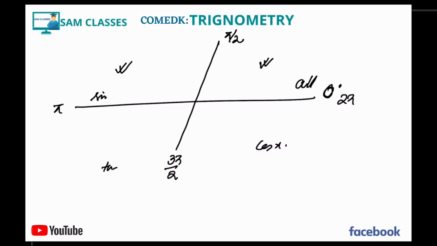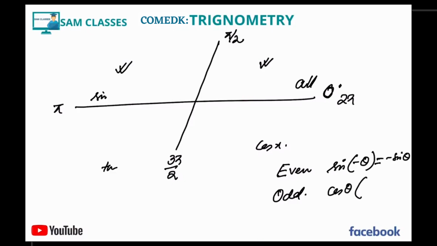Now we already told you about even and odd functions, though I didn't say the words even and odd. So let's see what an even and odd function is. It's very simple. Sine theta, we know that sine of minus theta is minus sine theta. And cos of minus theta is cos theta only.